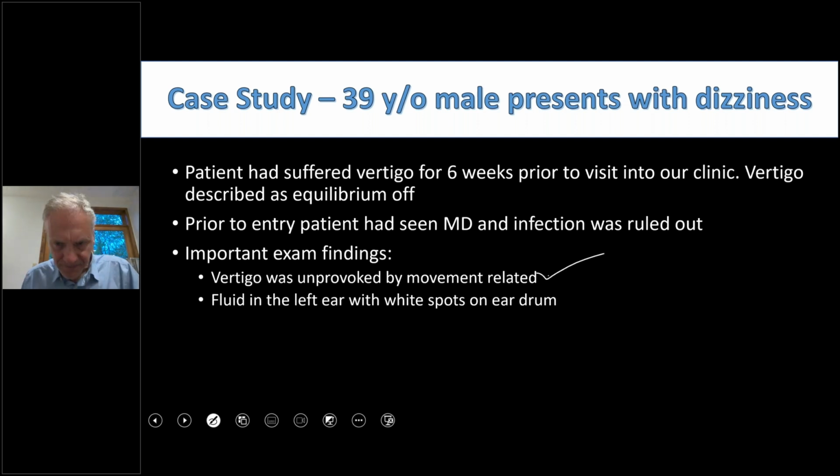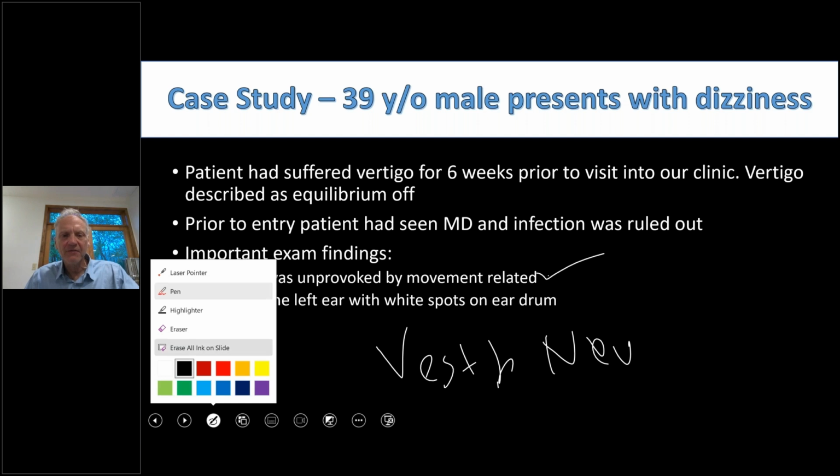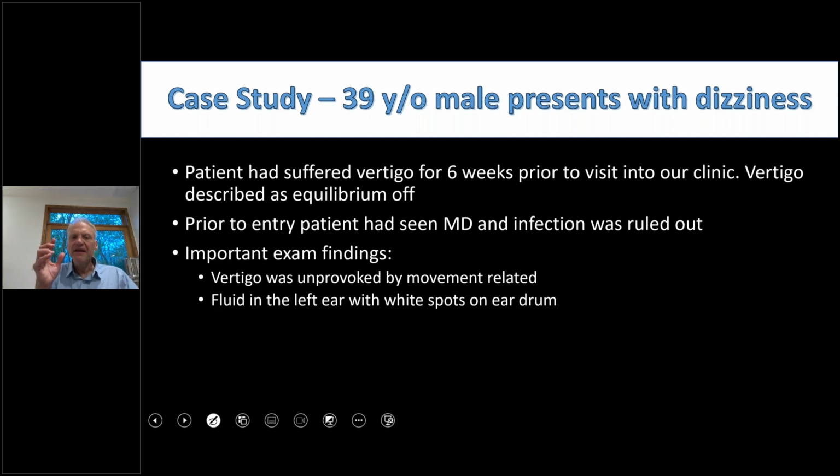Guess what? That can be vestibular neuritis or vestibular infection. Let me back up because I've kind of botched that a little bit. If somebody moves their head real quick and they get dizzy, you want to think of things like cervicogenic.